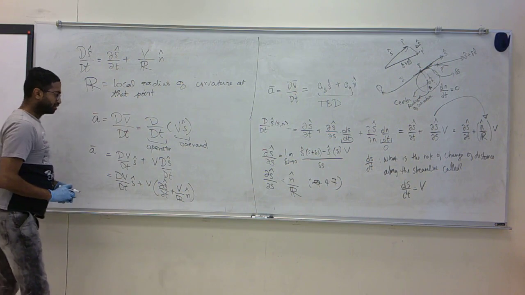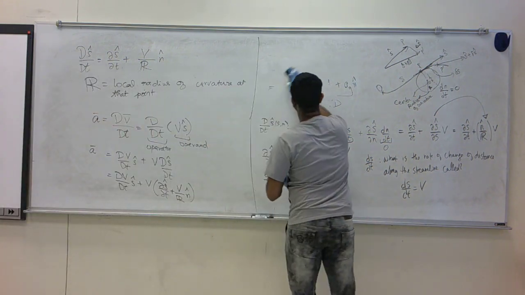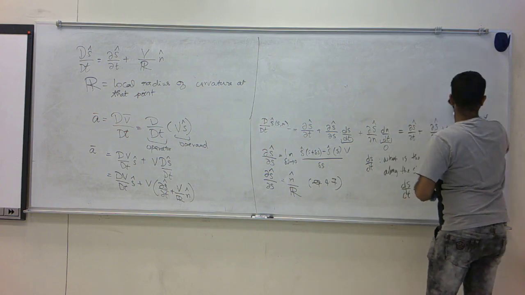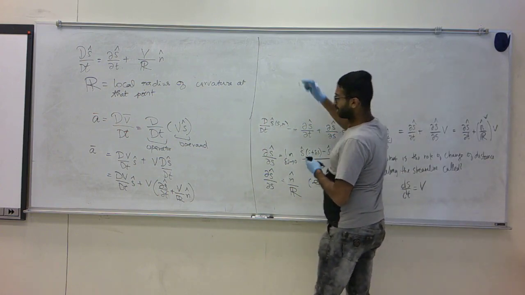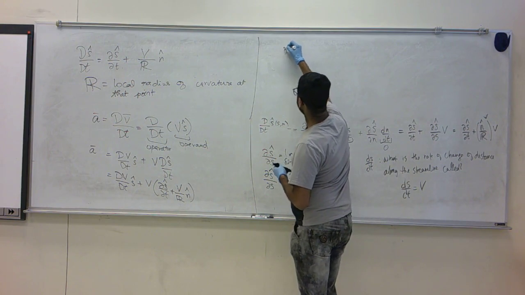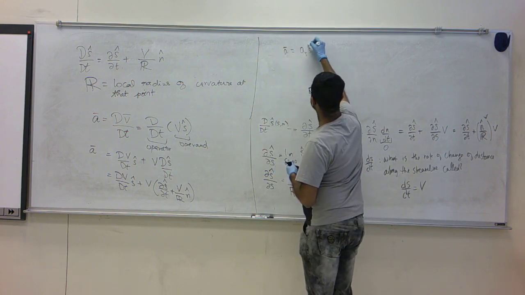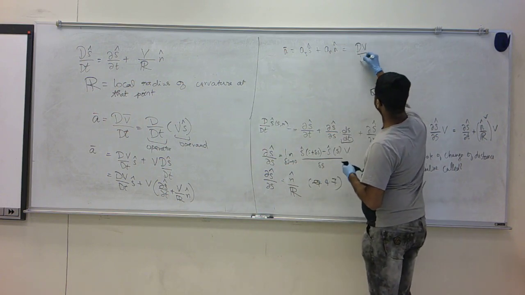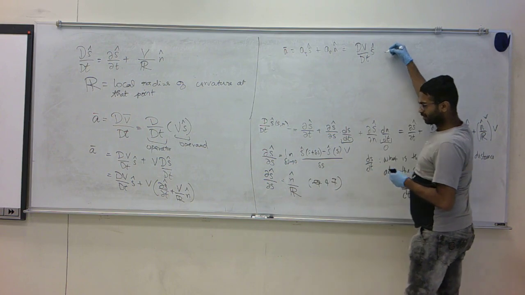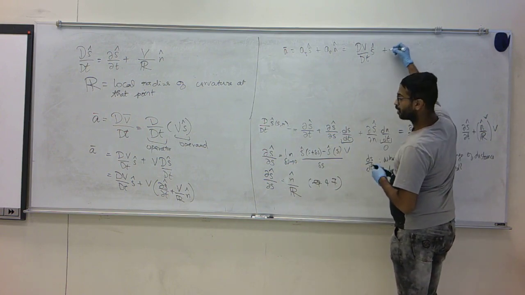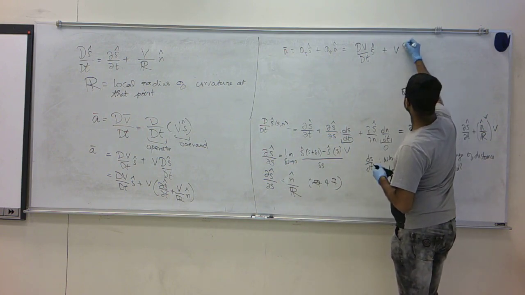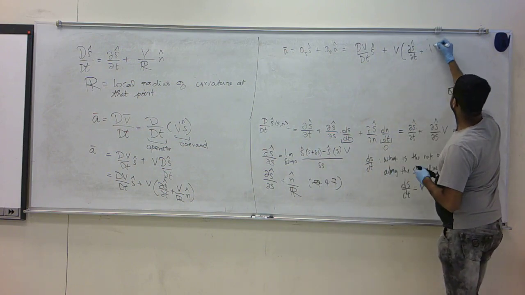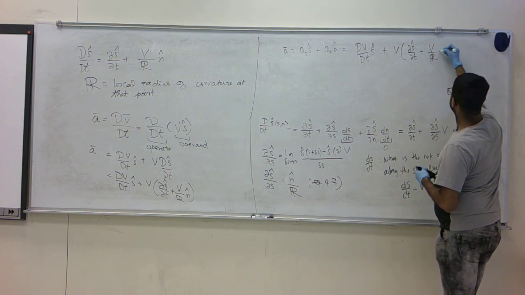So I can write this acceleration, the streamwise component plus the normal component, is equal to dv over dt times s cap plus v times ds over dt plus v times r n cap.